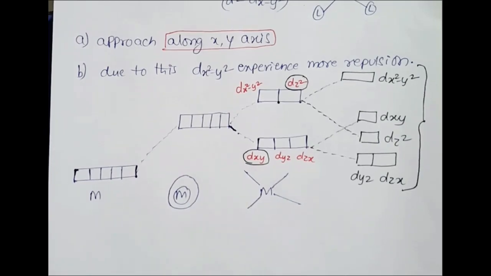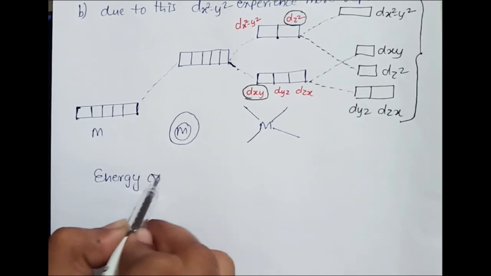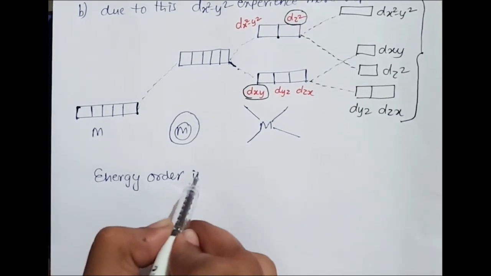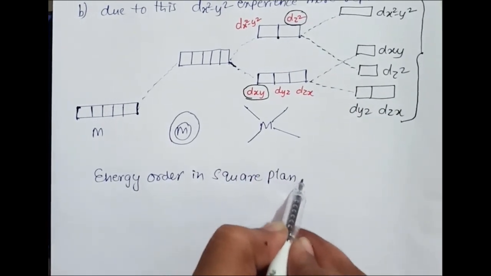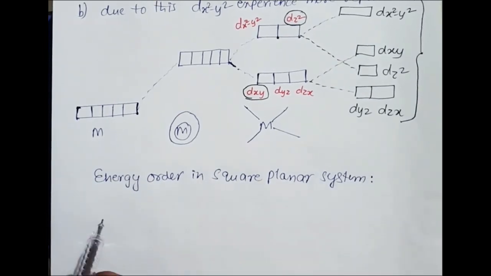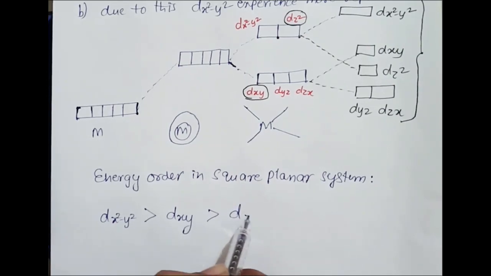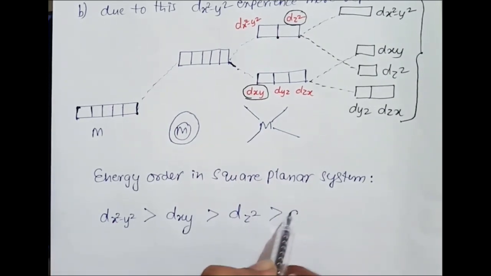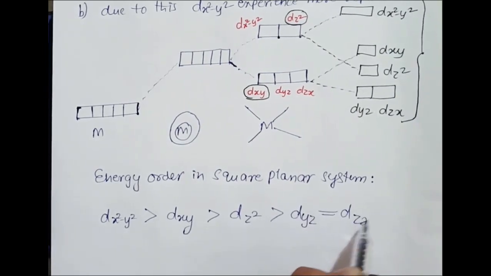So you have to write the energy order. Let us write the MCQ. It is asked that one only. Energy order in square planar system: dx square minus y square will have the very high energy, then dxy, then dz square, then dyz equal to dzx.